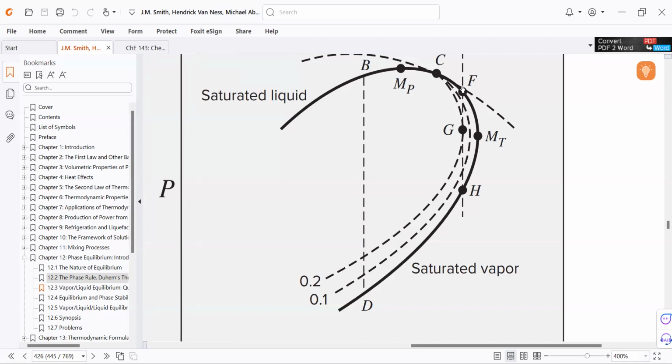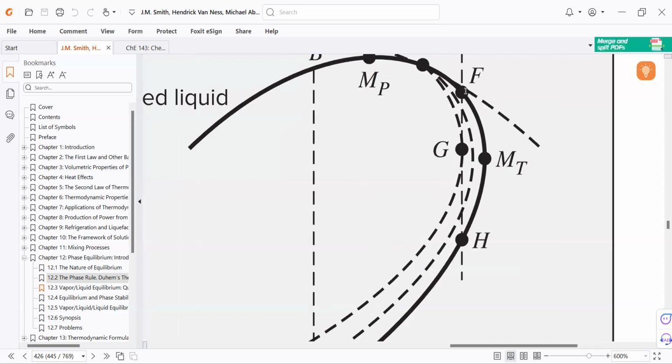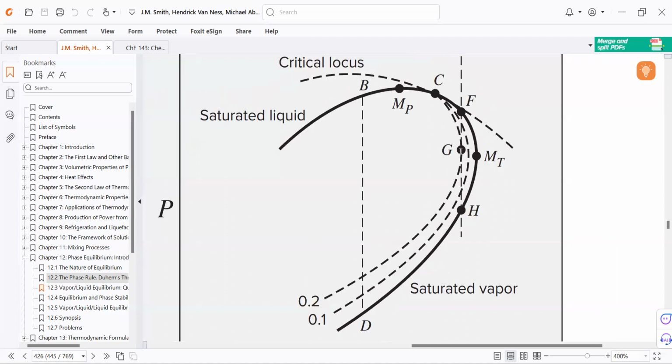So here there is a condensation phenomenon first. After point G, that is where the vaporization starts. So condensation first from point F to G, and then vaporization from G to H, in contrast with BD, where vaporization happens as we reduce the pressure.